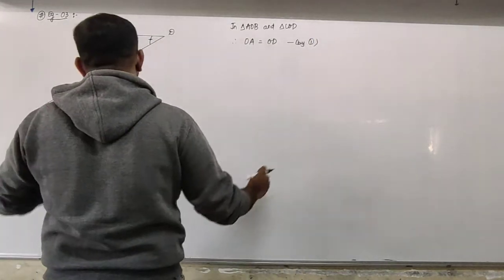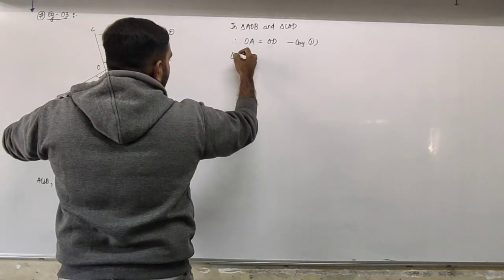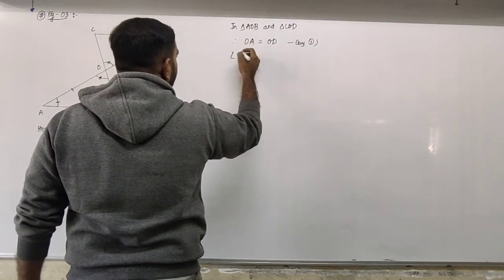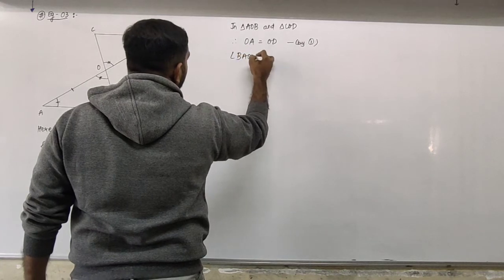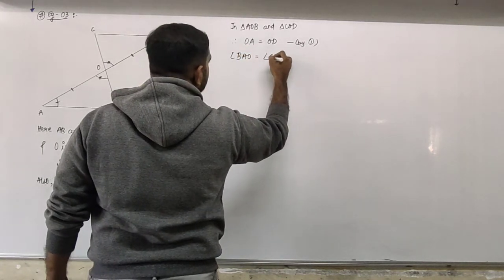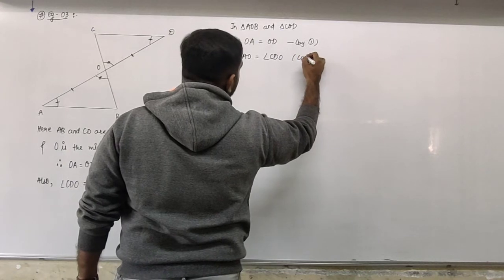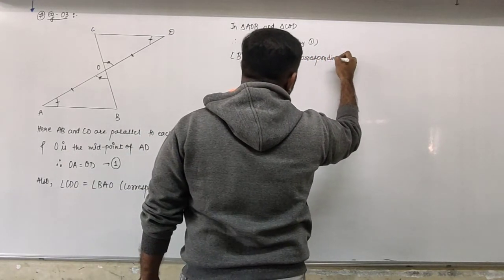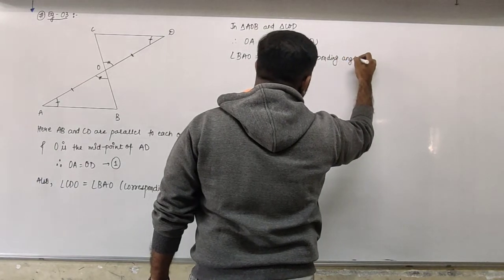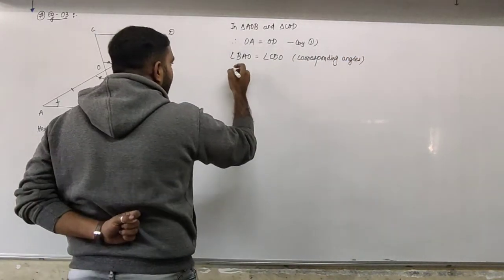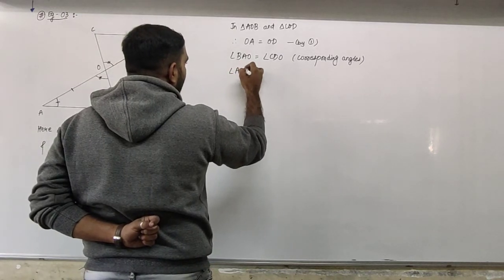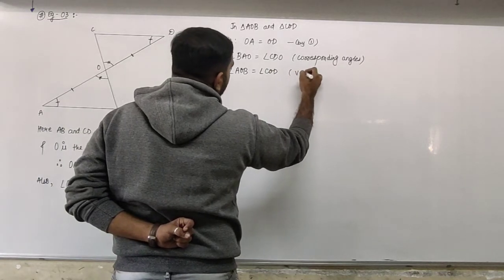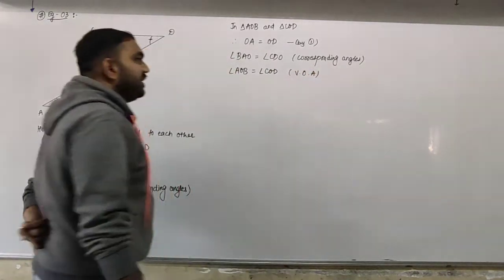Then one more thing, angle BAO is equal to angle CDO because they are corresponding angles. And the third thing, angle AOB is equal to angle COD because they are vertically opposite angles.